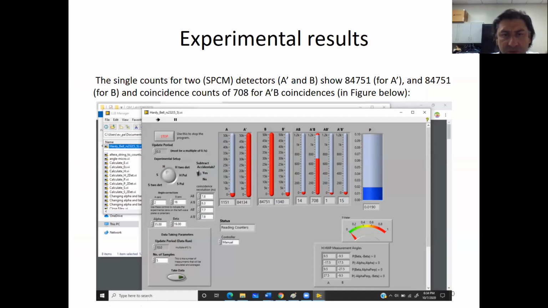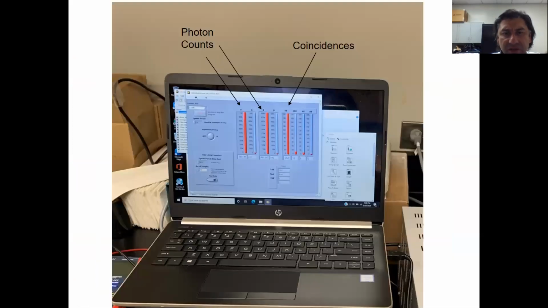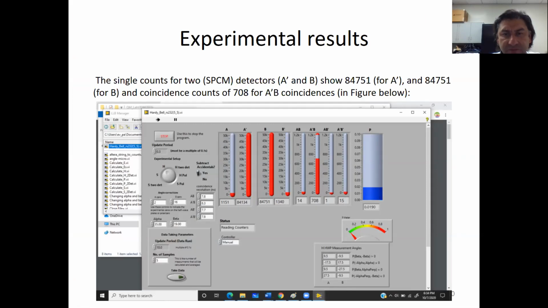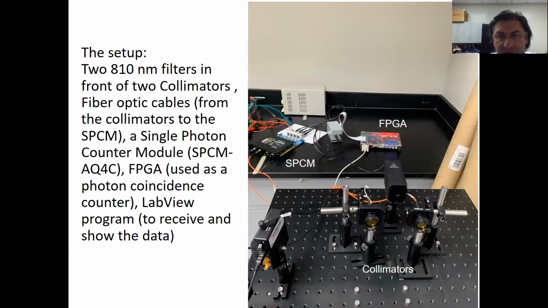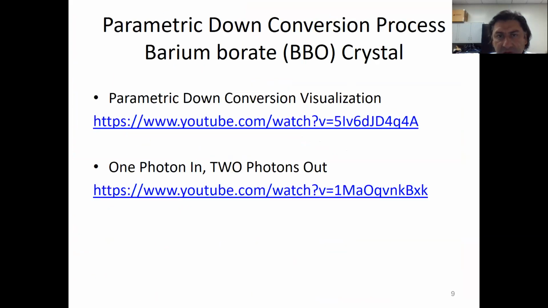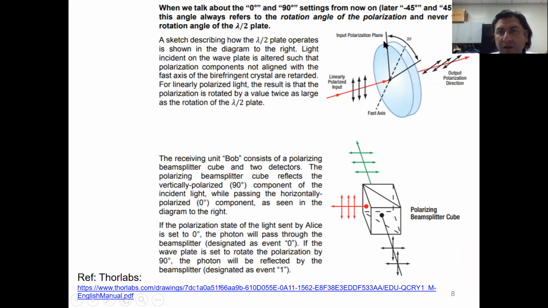Another thing I want you to do is a little bit of remote experiment. And I'm going to allow you, hopefully, to manipulate one of the polarizers. One of the half wave plates I have here, which I explained earlier, is motorized, so it can be controlled remotely. So I can allow you to access my laptop.